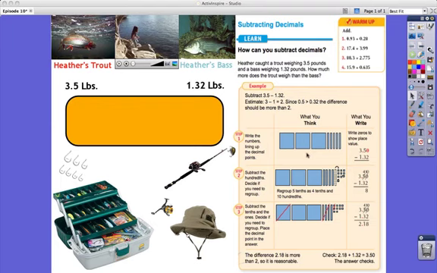Now take a look over here. Sometimes when you want to work out a problem, you can write it in picture form. So you see 1 whole box, 2, 3 whole boxes. That represents the 3 in 3.5. Now over here, you see 5 small rectangles.